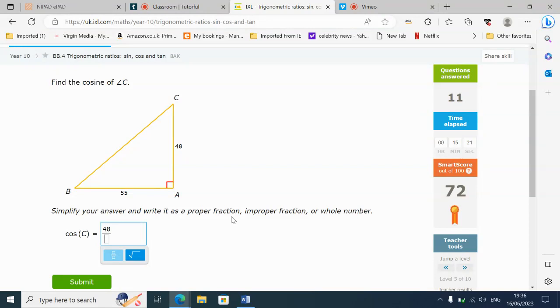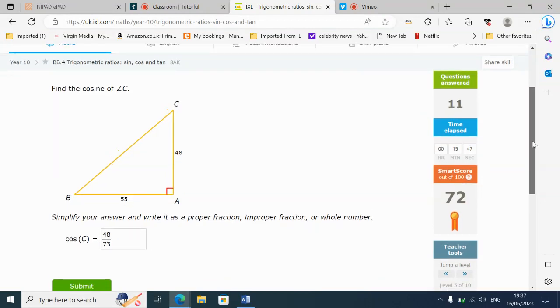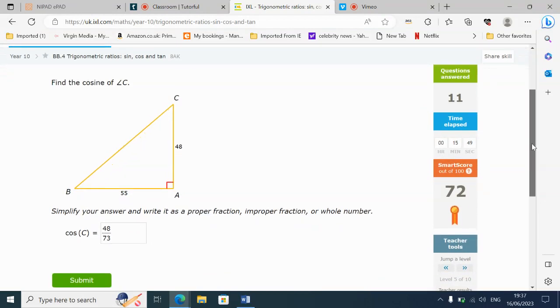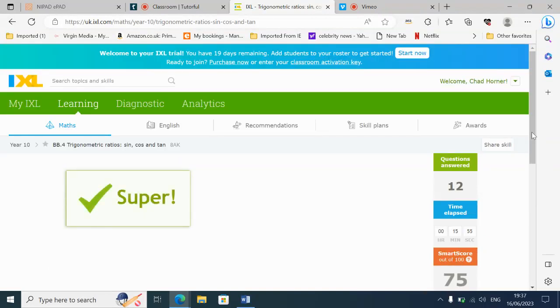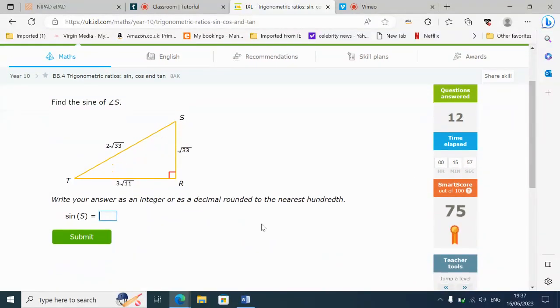The square root of 5,329 is 73. And can we simplify this? No, we can't. Submit. Super duper.